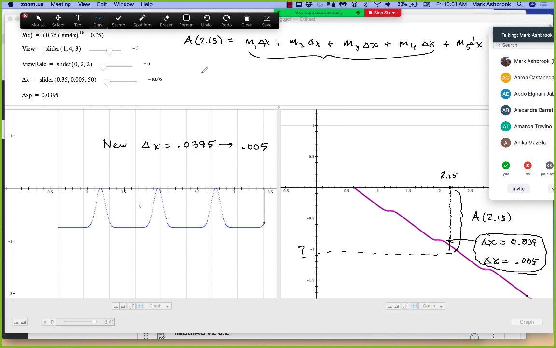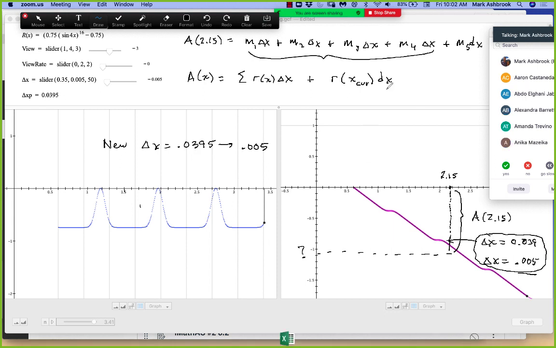Okay, so we said A of x equals the sum of, this is our approximate, right? R of x delta x for all the completed intervals. We're summing up all the change for the completed intervals plus a little bit more change for the amount we've gone into the current interval, right?